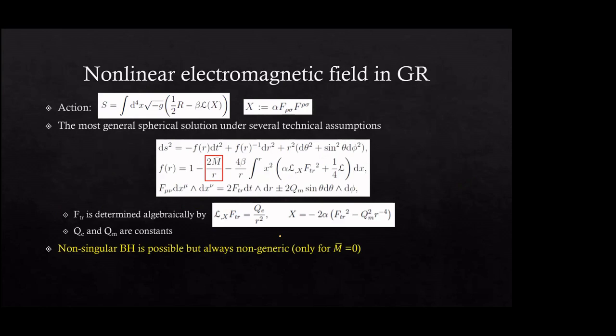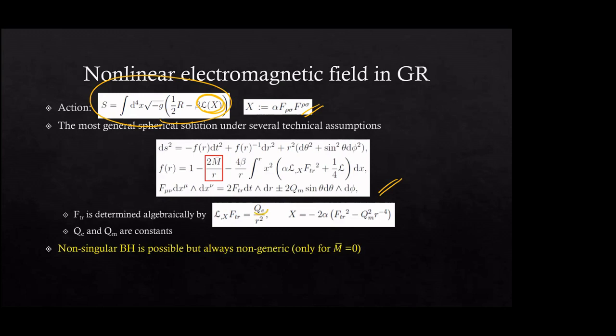So this result contains this action. For this nonlinear electromagnetic field, X is defined by this. This action has been used by many authors to construct non-singular black hole solutions with a regular center. But actually, the general solution is given by this.